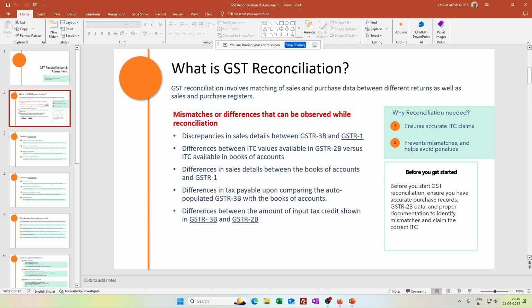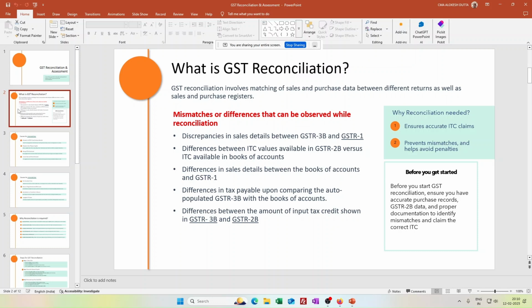Whatever is available in the portal, you should not take, because all ITC is not for you. You have to judge, scrutinize each and every ITC, whether you are eligible to claim that ITC or not. Otherwise, you will be put in big trouble.